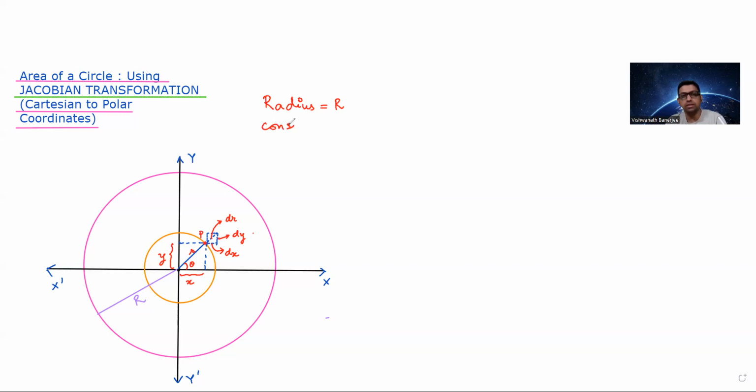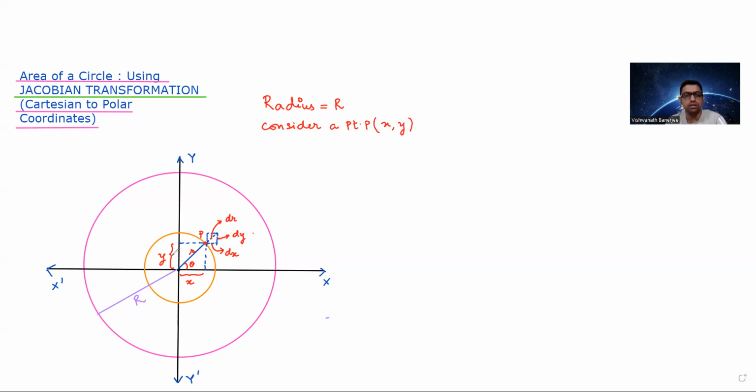Consider a point P. As you can see, point P has coordinates x, y, and the center of the circle is considered to be the origin. So the position vector of point P is r, making an angle theta with the x-axis.